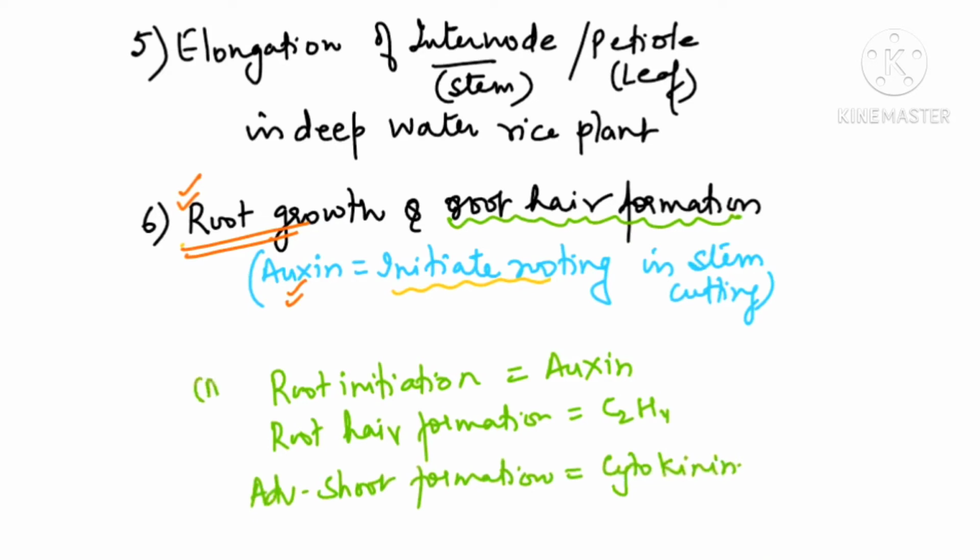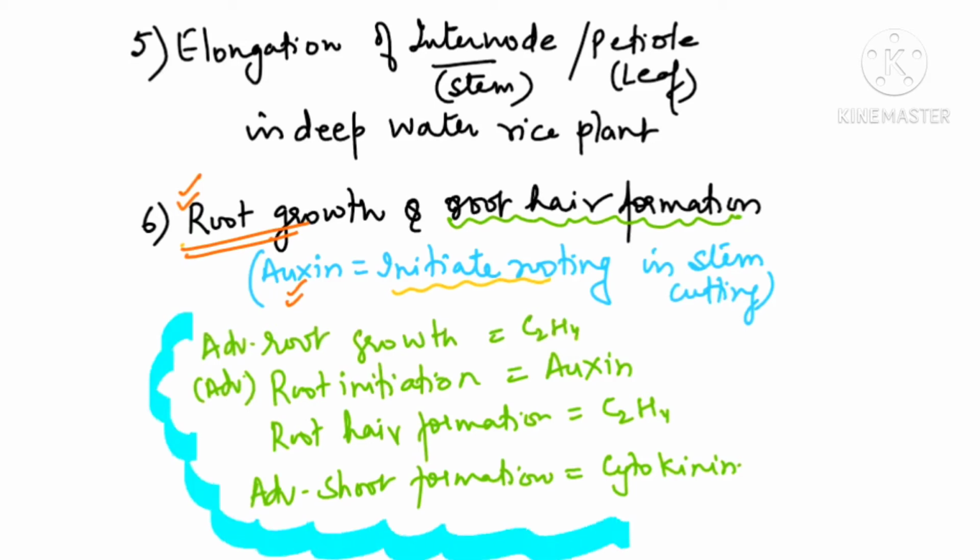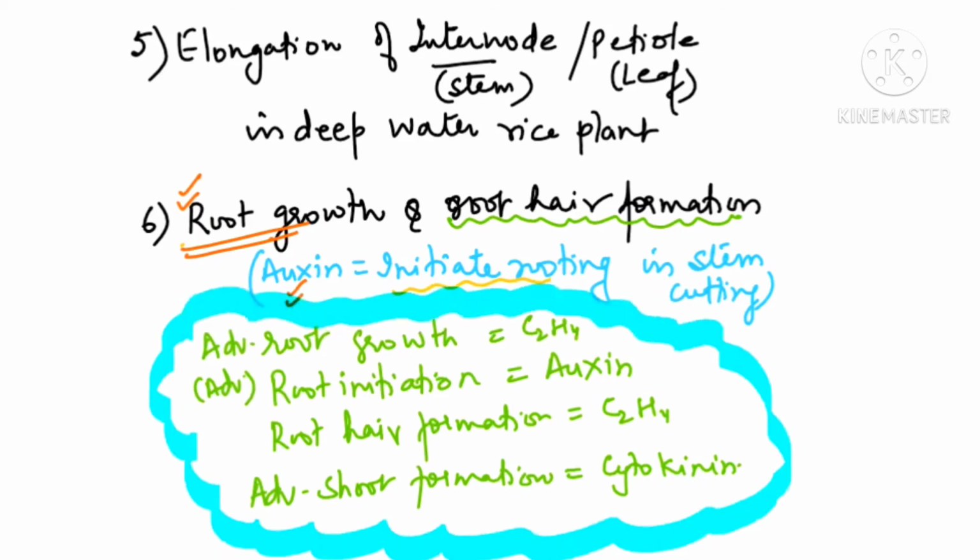So adventitious root formation is the work of auxin, but adventitious root growth is the work of ethylene. So where growth, where formation, please remember when you are solving the questions. This is very, very important, so I have highlighted it. I hope it will help you understand the concept. Where you were confused with the question area, your problem might now be solved. Okay.